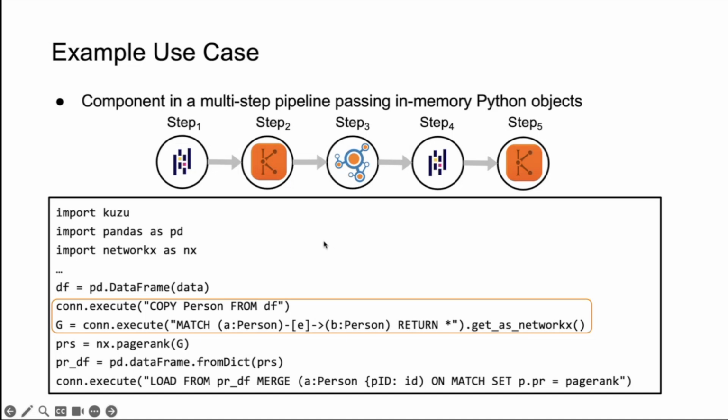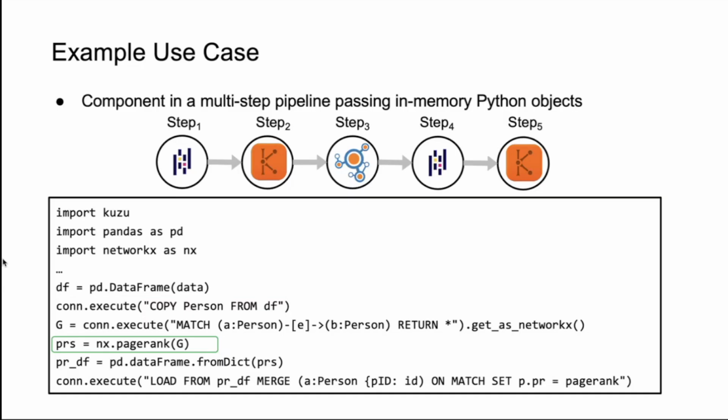Once you run your Cypher queries, you can seamlessly return the results of that query as a NetworkX object. Suppose we have our own graph data science library, but NetworkX is much more extensive than Kuzu's. So maybe there are some algorithms that you want to run there.